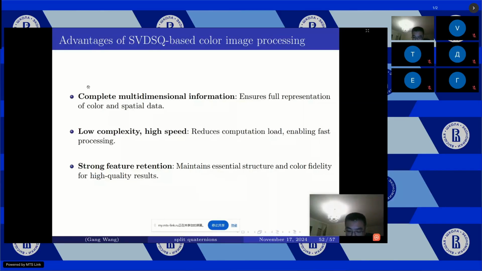Furthermore, it provides strong feature retention, preserving essential structures and color fidelity, resulting in high quality outcomes. These benefits make SVD-SQ an effective approach for various applications in color image processing.